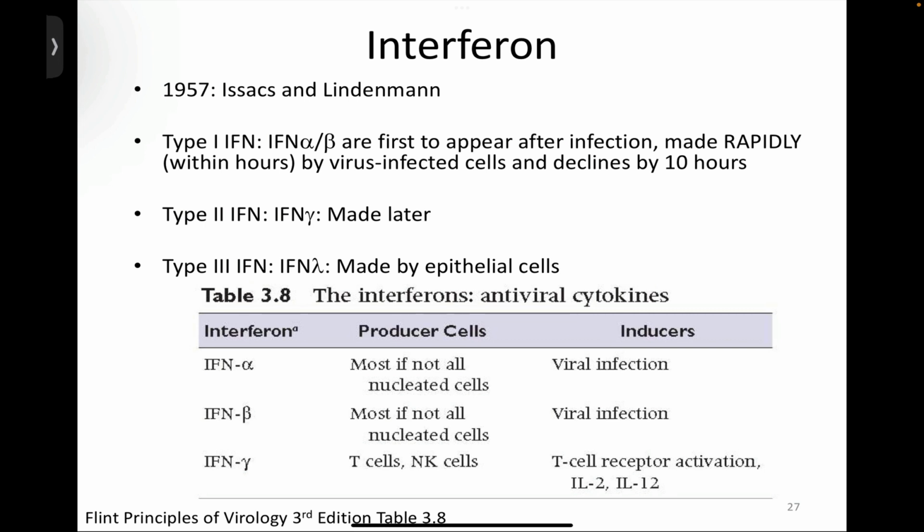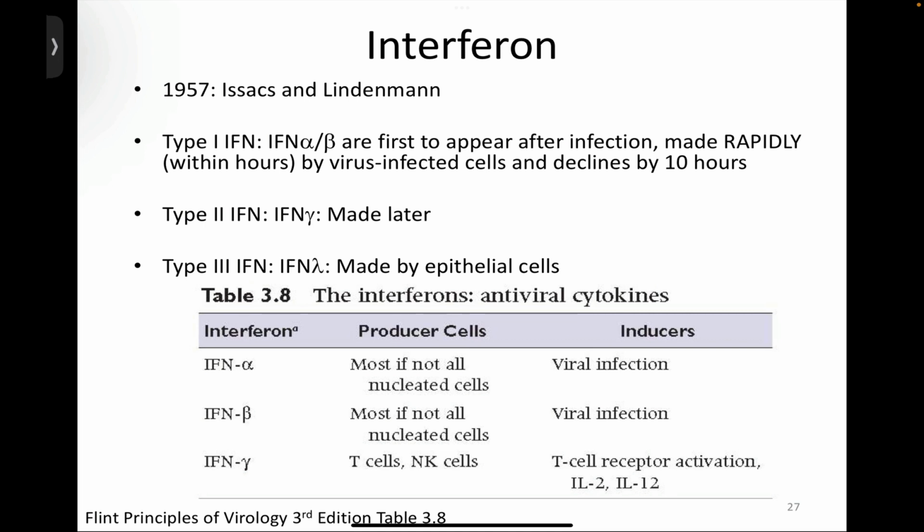They're listed here as type 1, type 2, and type 3. You can see type 1 is interferon alpha and beta. Type 2 is called interferon gamma. Type 3 is called interferon lambda. And the ones that I want us to care about right now is type 1 interferon, or interferon alpha and beta. And those are also going to show up prominently in the paper we discuss on Monday.